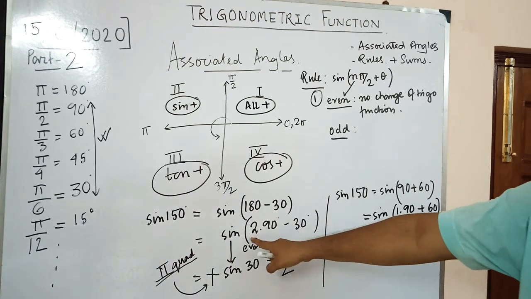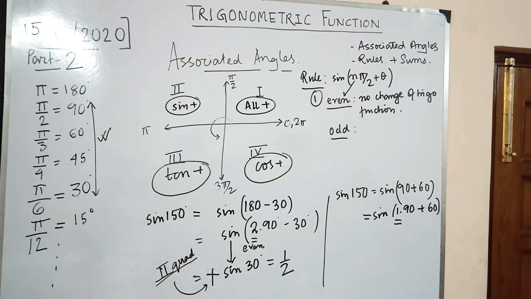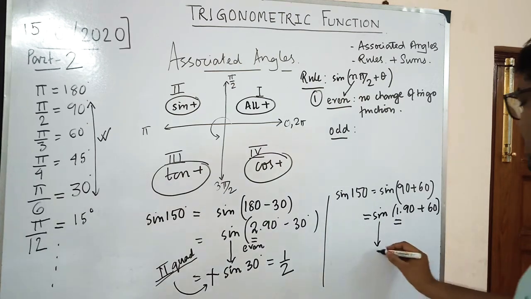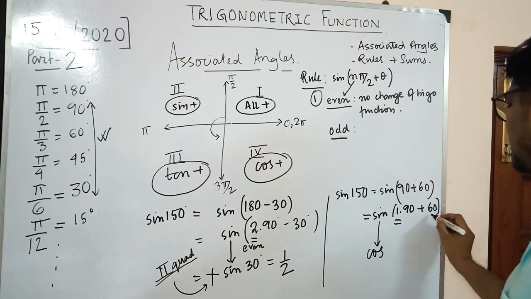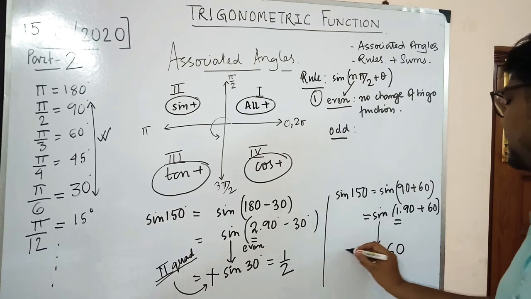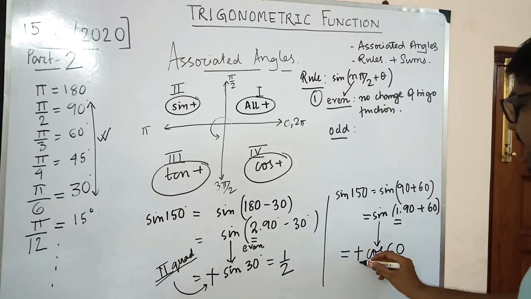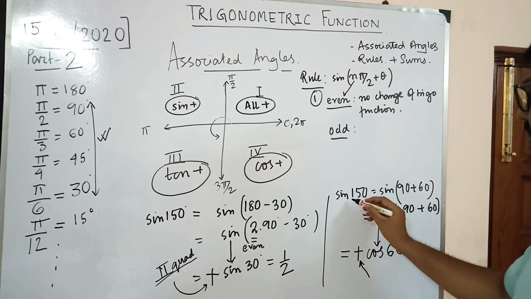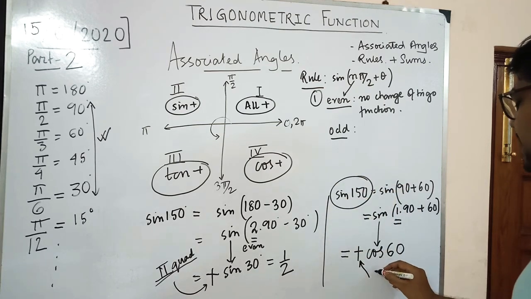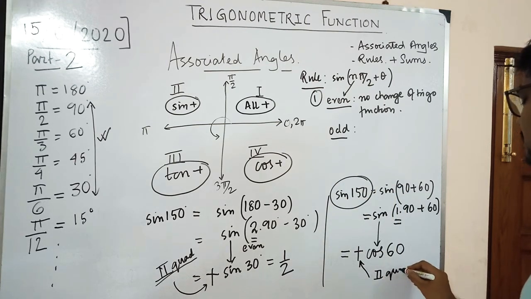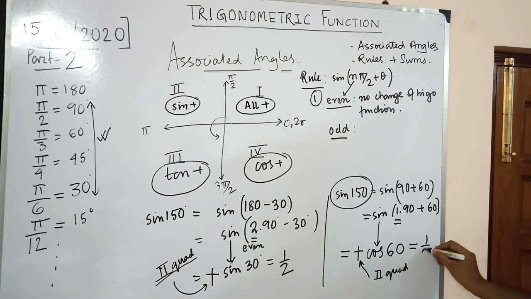This was an even multiple of 90 and that is an odd multiple of 90. In case of an odd multiple, sine is going to change into its complementary function, that means it will become cos 60, but the sign in front will be positive. Why so? The sign actually comes from the second quadrant value of sine 150. So plus cos 60 will give you the same half.